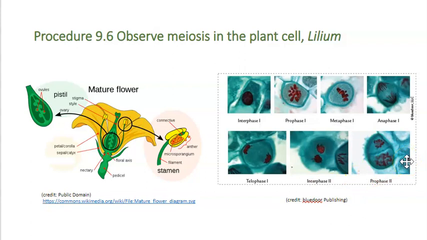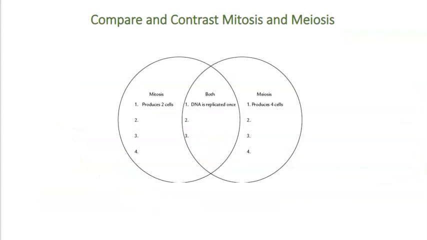Are the chromosomes in the duplicated or unduplicated state? When does crossing over happen? When does independent assortment happen? And then finally, it's really important that students understand both similarities and differences when we talk about mitosis and meiosis. So we do provide a Venn diagram where students can test their knowledge.